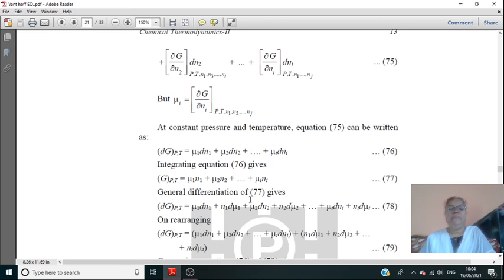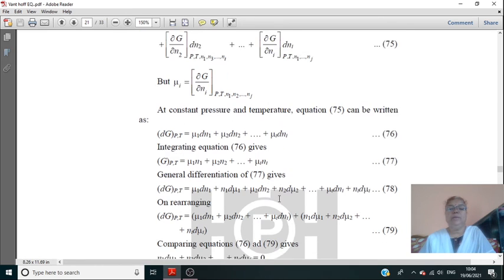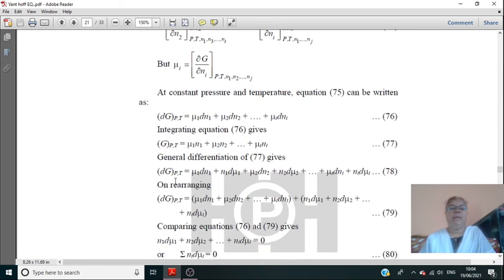Then on general differentiation of equation 77, we can write dG at constant pressure and temperature equals μ1 dN1 plus N1 dμ1 plus μ2 dN2 plus N2 dμ2 plus and so on plus μi dNi plus Ni dμi.